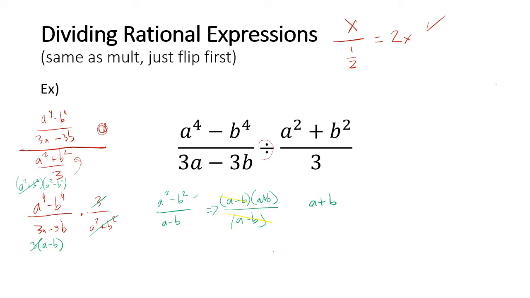And again, we could say that a cannot equal b, because if a equaled b, this would be 0. That's a restriction. There would also technically be a divide by 0 situation, and that would happen if a and b were equal to each other. So a cannot equal b.